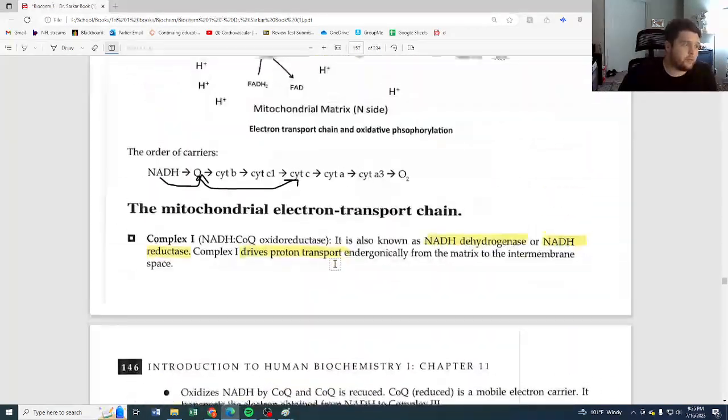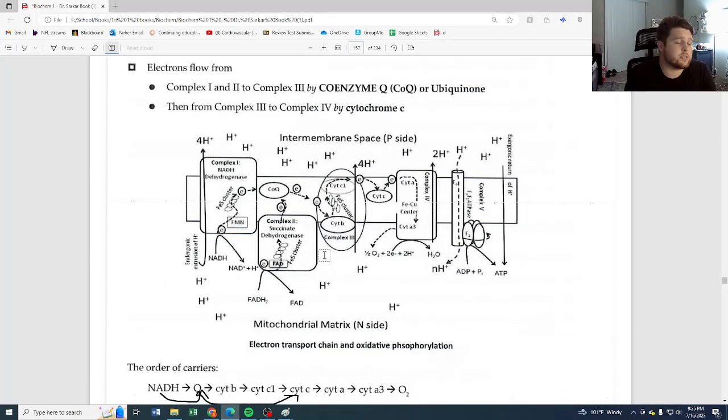Which, if we back up, we can now see and understand where we got those numbers from when we talk about the amount of ATP produced by each. So with one NADH we get about 4 hydrogens pumped out here. And then we see 4 and 2 here, but remember that's now including our FADH.